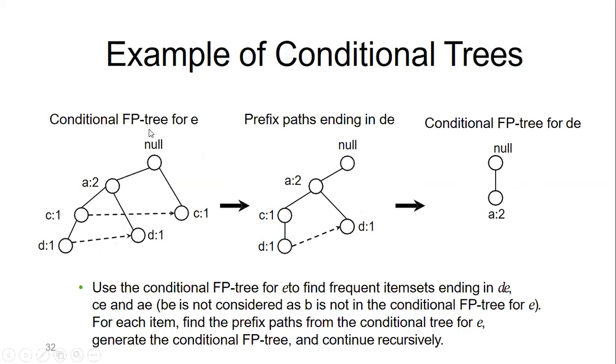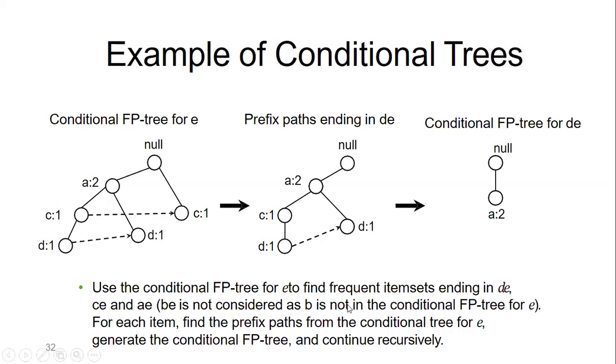Similarly, conditional FP tree for E, conditional prefix path ending in DE. This is the conditional FP tree for DE. So we go on using the conditional FP tree for E to find frequent items ending in DE, CE and AE.